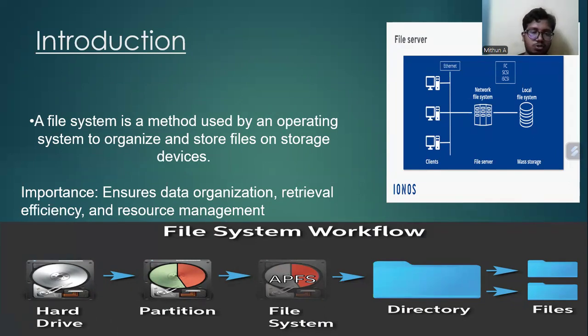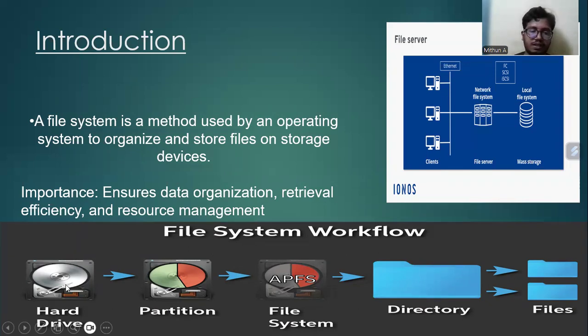files on storage devices. Here we can see a local file system and a network file system, and a client. Here is a mass storage, and we have a file system and a client. So the file system acts as an intermediary between the client and the mass storage.